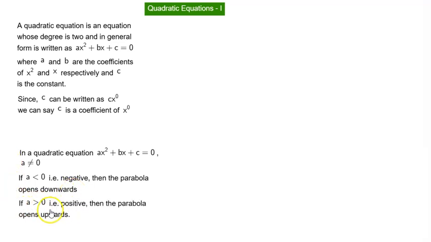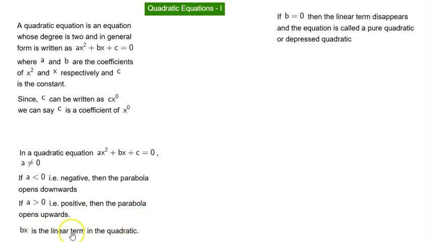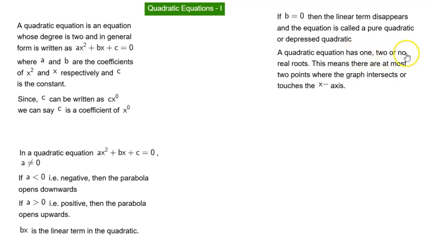And if a is greater than 0, then the parabola opens upwards. bx is the linear term in the quadratic. Now, if b is equal to 0, then the linear term disappears and the equation is called a pure quadratic or depressed quadratic. A quadratic equation has 1, 2 or no real roots.